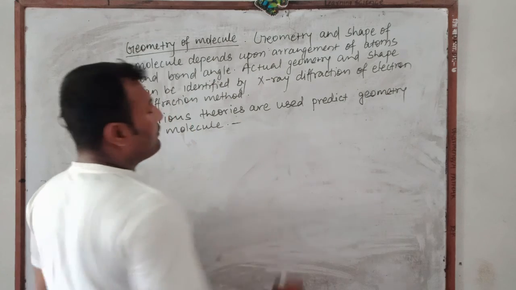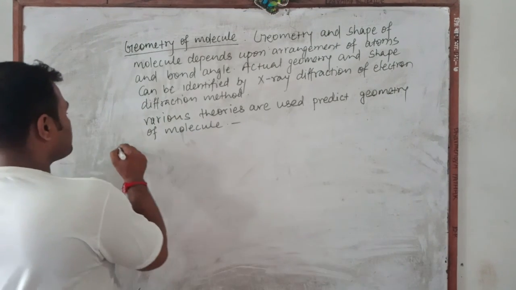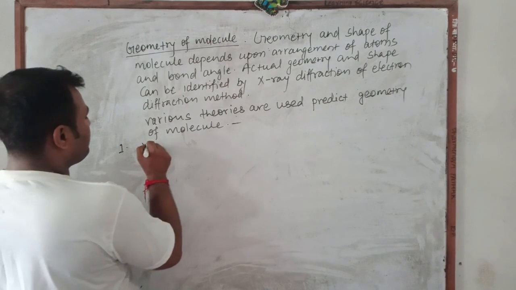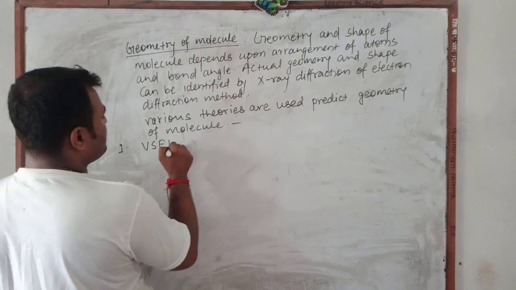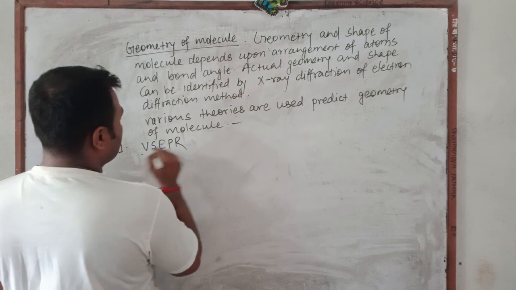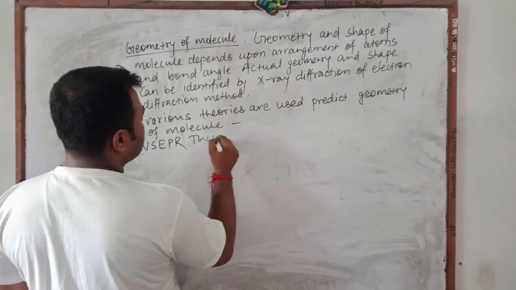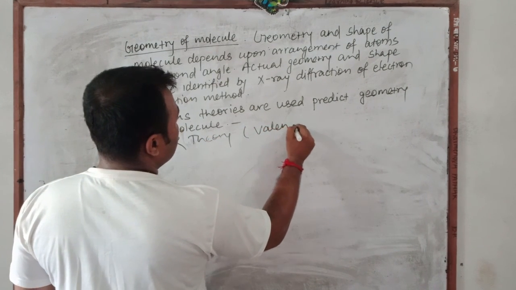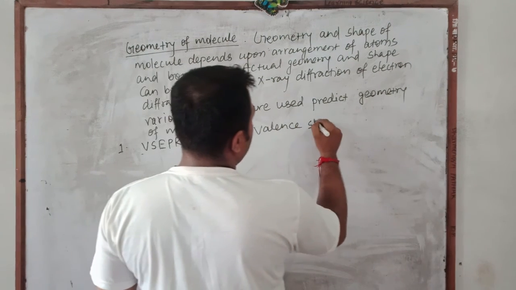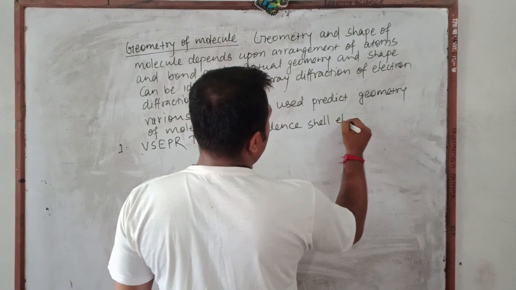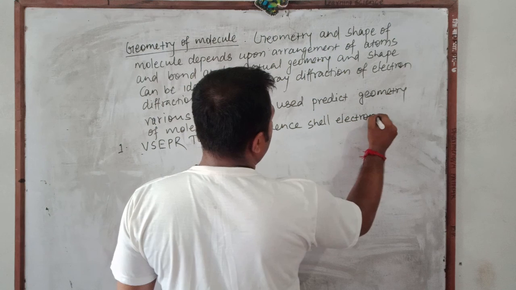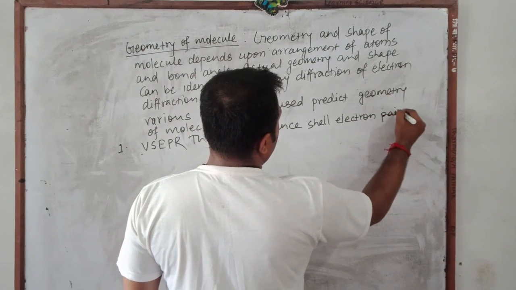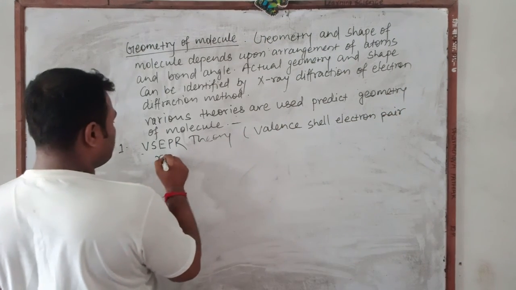And here we discuss the most important theory, VSEPR theory, which is also known as valence shell electron pair repulsion theory.